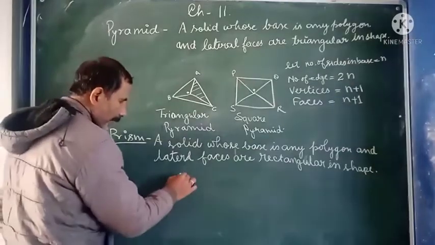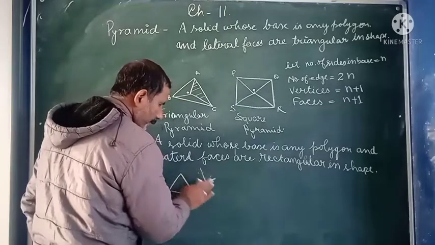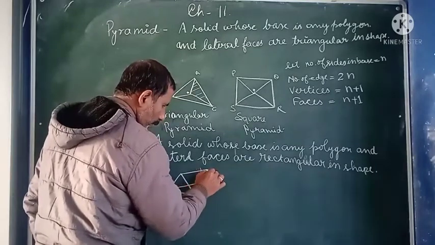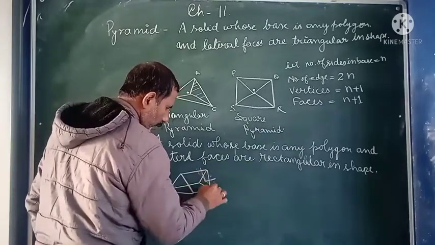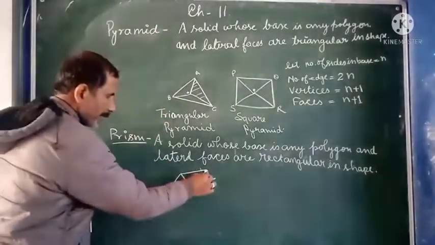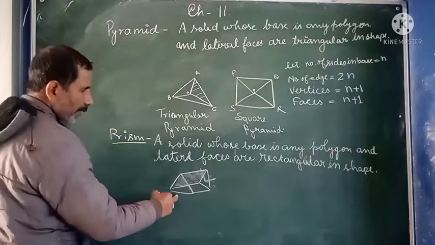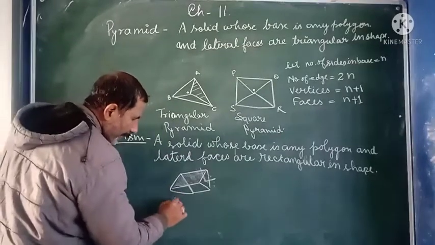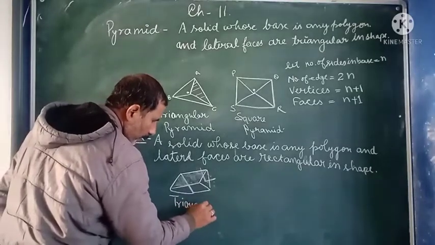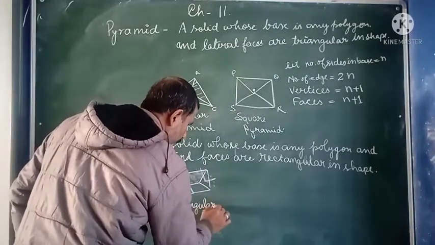So if the base is rectangular, there will be another rectangular base. Since the base is a triangle, it is called triangular prism.